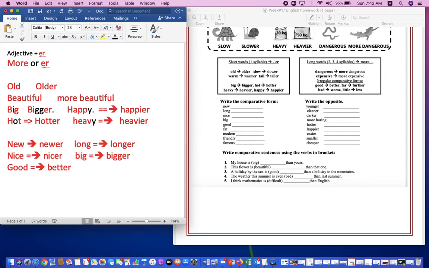Fat, so they will have fatter. Oh, modern.